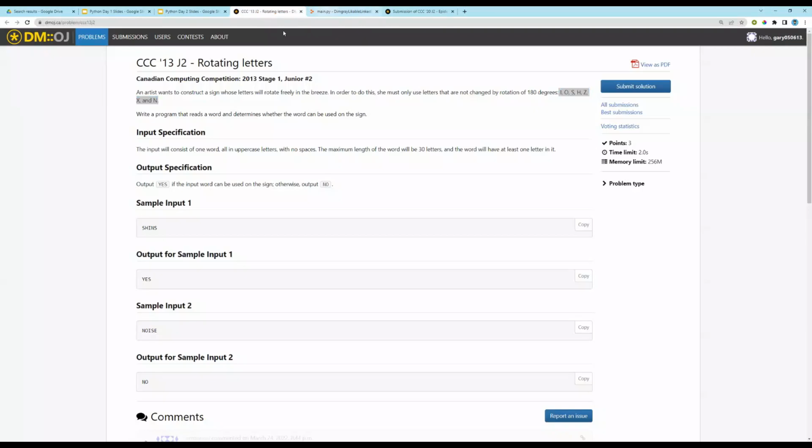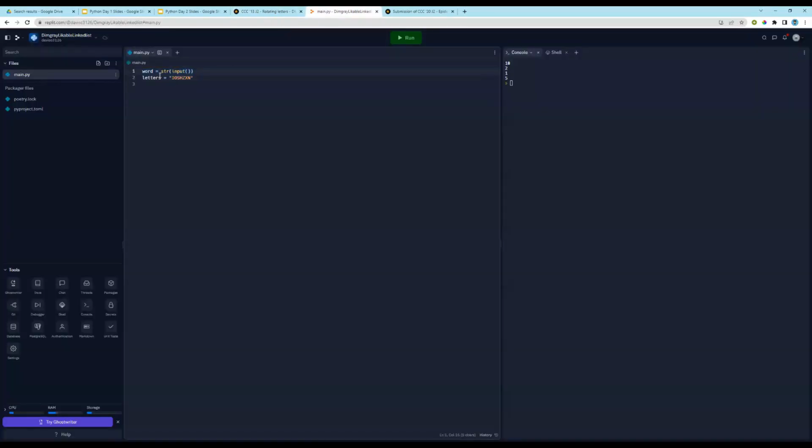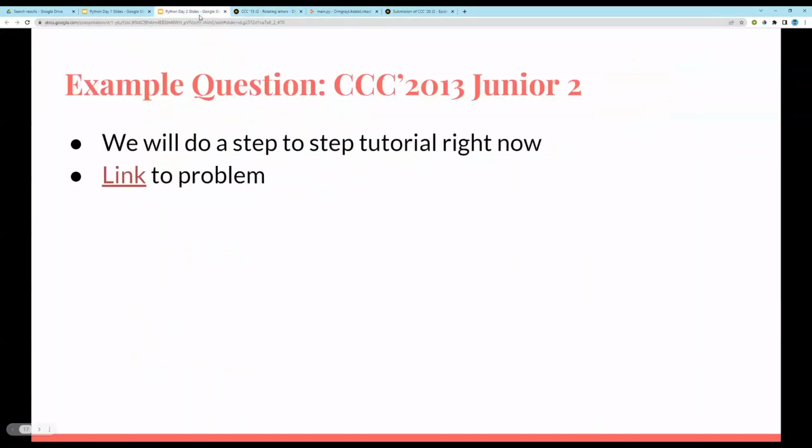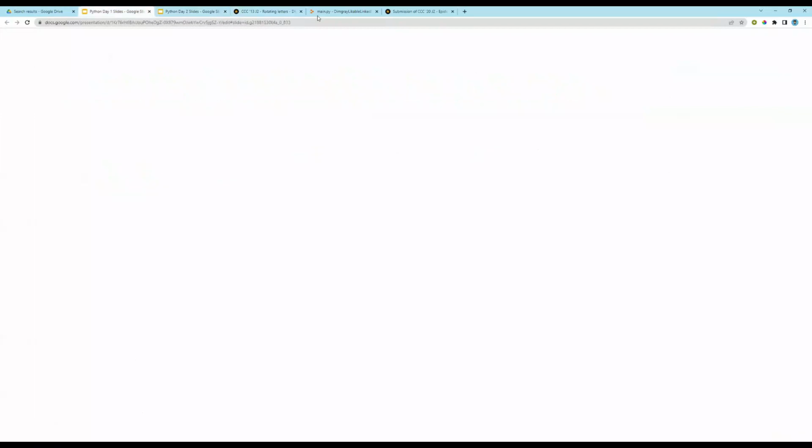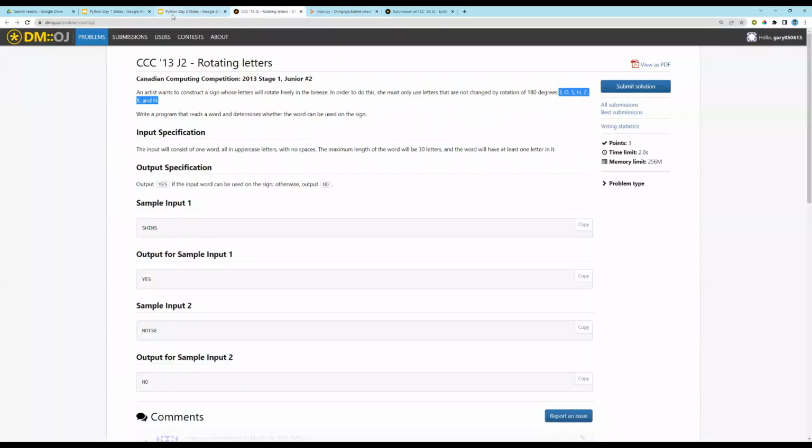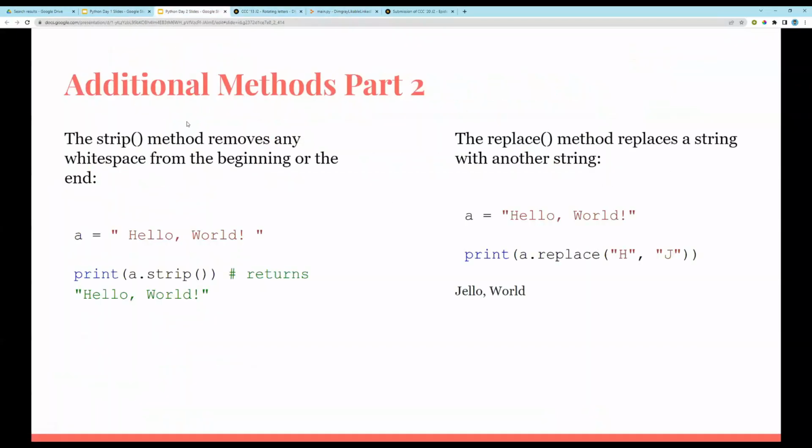Now we have to make sure that every single letter in this word is one of these letters. So all we have to do is run a for loop. How many times will we have to run it? We'll have to run through each letter in the string.